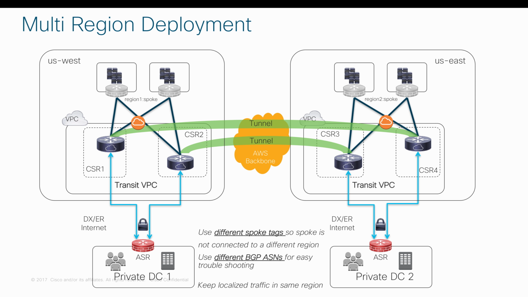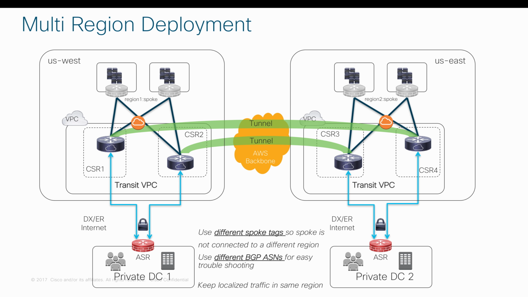You would probably start to think, okay, can I deploy 2 sets of Transit VPC, with each set acting as a regional hub, and if they want to talk to each other, the hub talks to another hub. This is the design I've seen customers deploy a lot, or that has recently come up a lot. You have a US West, you have the first set of Transit VPC, and you have the US East. Make sure you choose different spoke tags, because as I mentioned before, all the automation scripts are based on a tag.